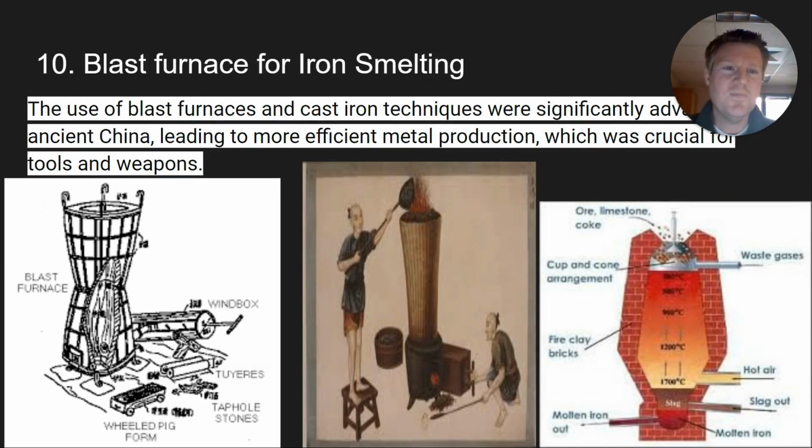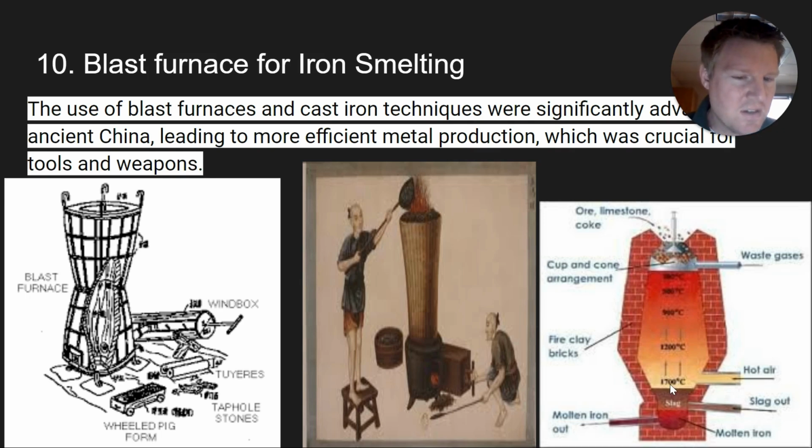And then number 10, the blast furnace for iron. There were earlier inventions of iron around the world, but one thing that the ancient Chinese did well was they made a blast furnace where you could gather lots of iron in a gigantic kiln, and then you would heat up the furnace and it would melt all the impurities.